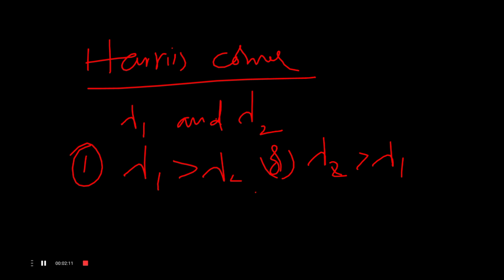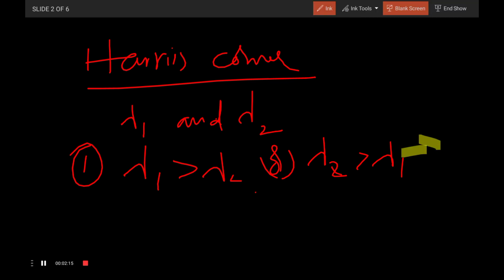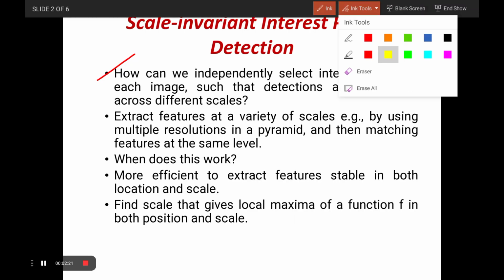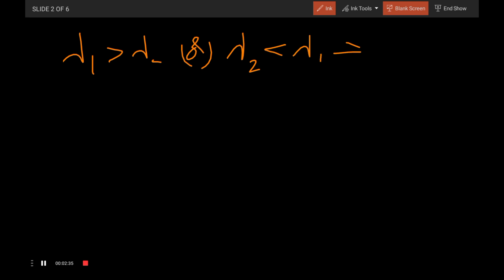So by using lambda 1 greater than lambda 2, or else lambda 2 less than lambda 1, it represents an edge point by using the Harris corner.